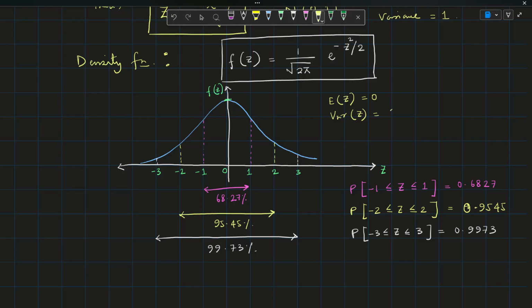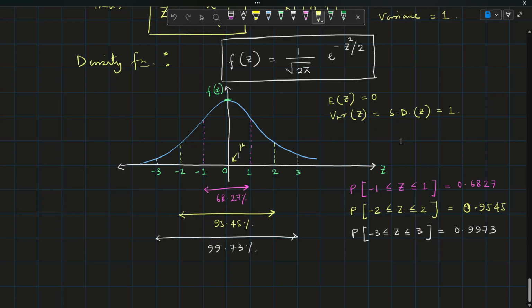Just note that the expectation of z, the mean of z, is 0 and the variance of z is 1. That is the property of a standard normal distribution, and the curve has its peak at the exact point mu, which is 0 in this case.